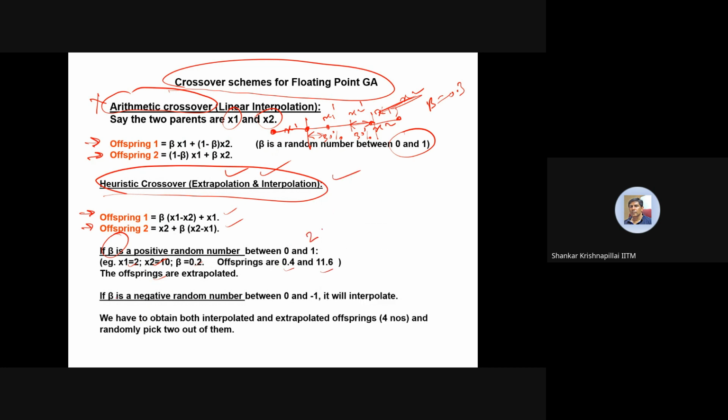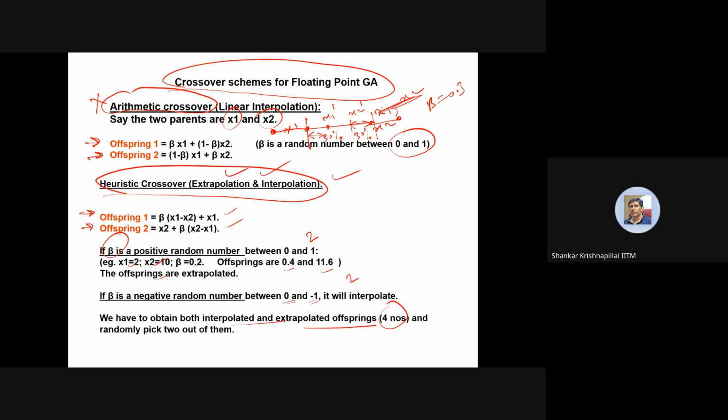Then if beta is a negative random number between 0 and minus 1, it will interpolate, so you get two interpolated offsprings. The method is that you obtain both interpolated and extrapolated offsprings. That is four numbers, and you randomly pick two out of them.